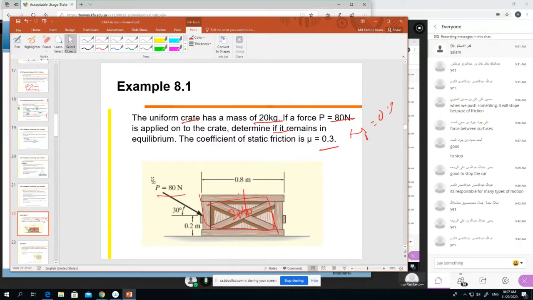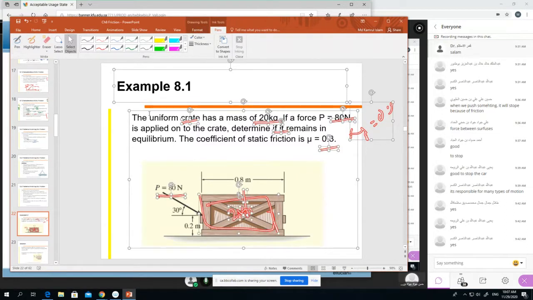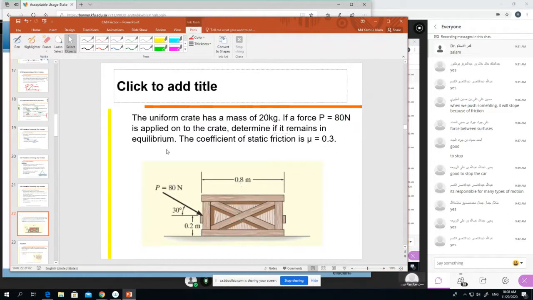Now they are asking us to solve the problem. What are they asking? They are telling us that a uniform crate is there, so determine if it remains in equilibrium or not. They did not ask whether it will tip down or slide.